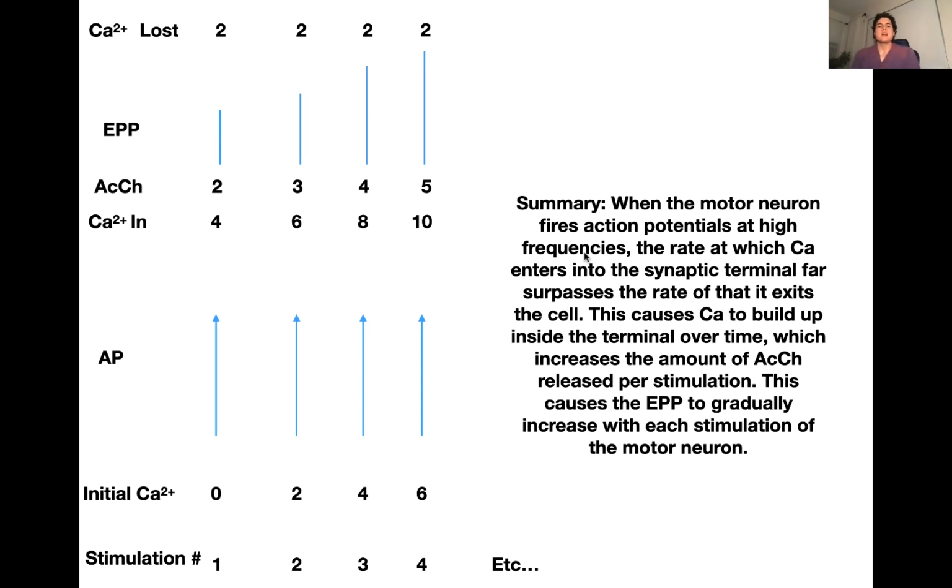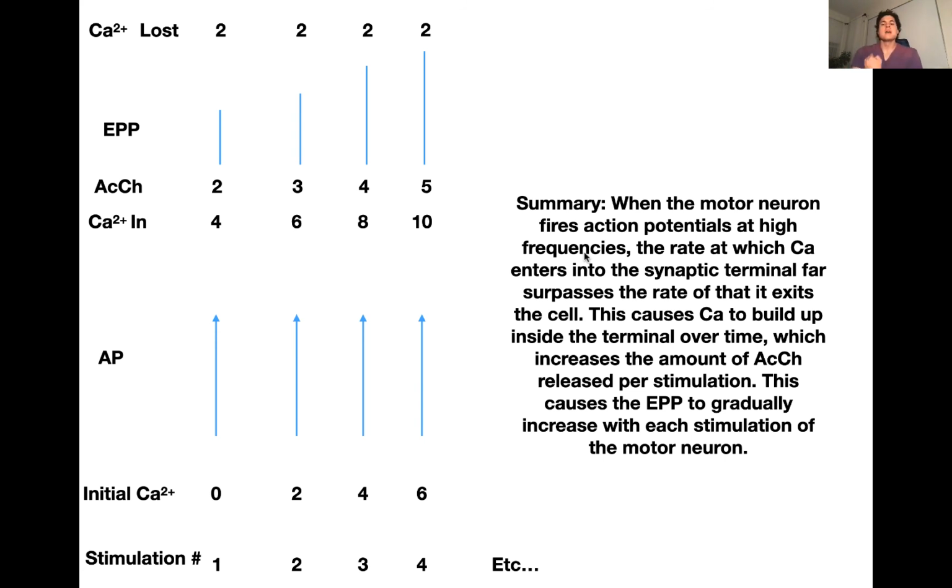So basically, whenever we stimulate a motor neuron repeatedly at a high frequency, the rate at which calcium comes into the cell will be far faster than the rate at which calcium exits the cell. So whenever we are stimulating a motor neuron at a high frequency, the amount of calcium coming into the cell will far exceed the amount of calcium leaving the cell.